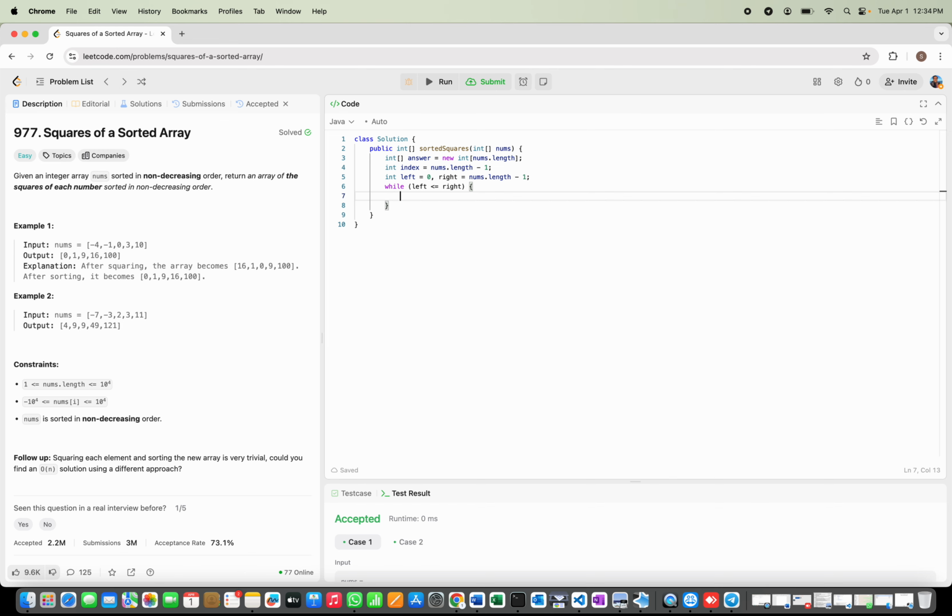We're going to calculate the squares, right? So int left square equals nums left times nums left, and then int right square is nums right times nums right.